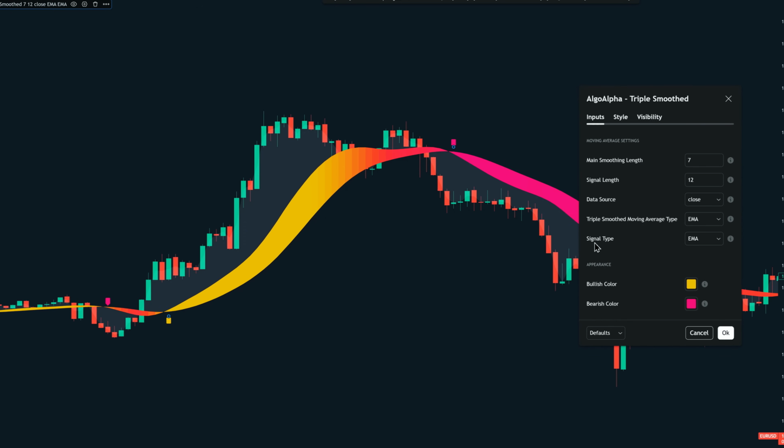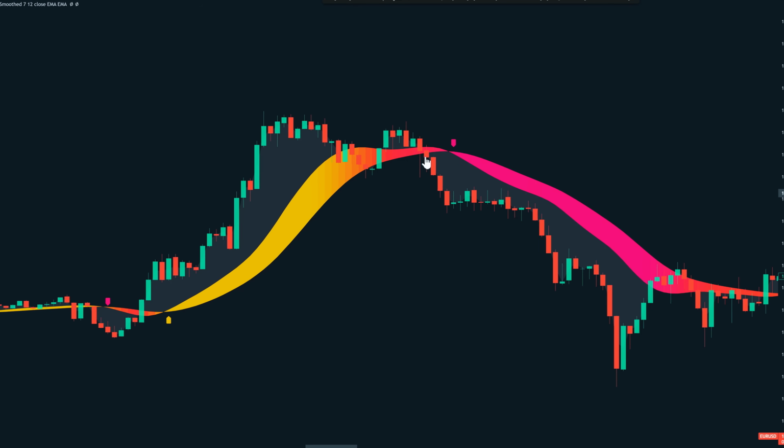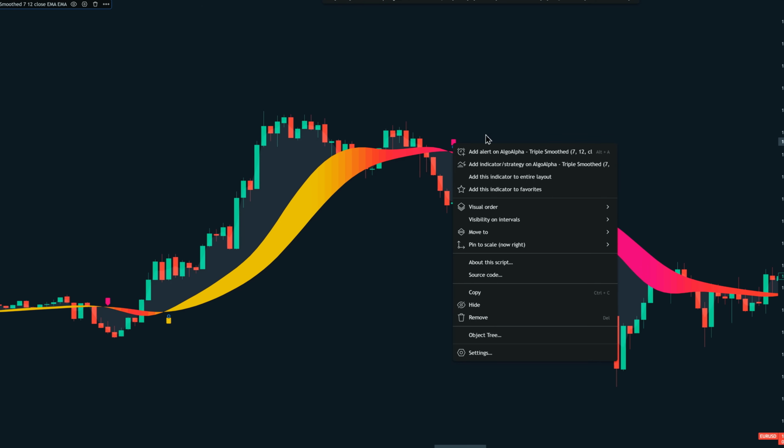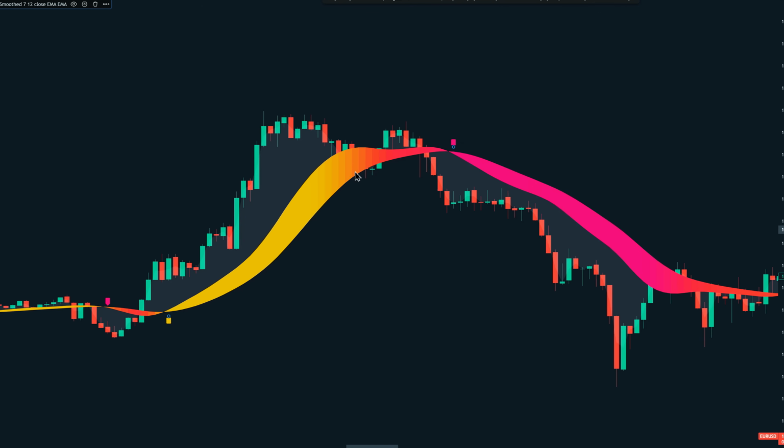Then, it calculates the normalized distance between the triple smoothed moving average and this signal line over a specific period. This normalized value is what generates the dynamic color gradients and fills on your chart, giving you immediate visual insight into both the strength and the direction of the current trend.